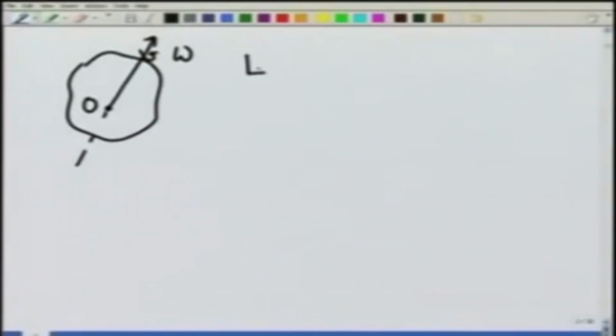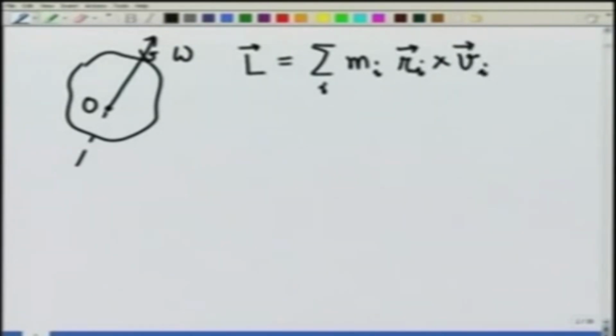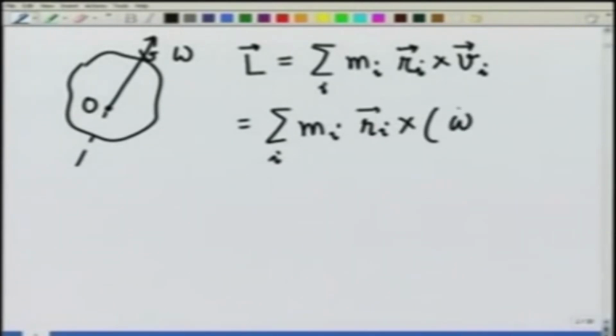Then the angular momentum L, which is defined as summation over all the points in the body which are moving, m_i r_i cross v_i, is written as summation over i of m_i R_i cross V_i, where V_i is dr_i/dt, and this is purely by rotation.